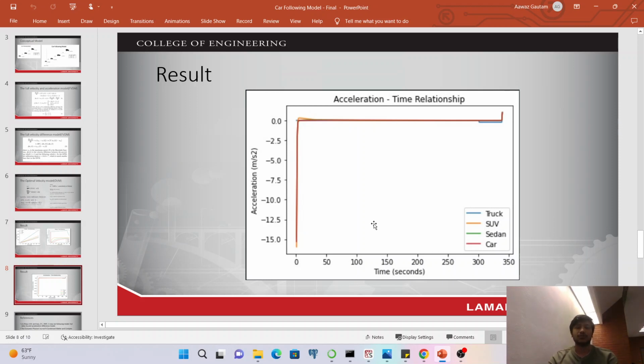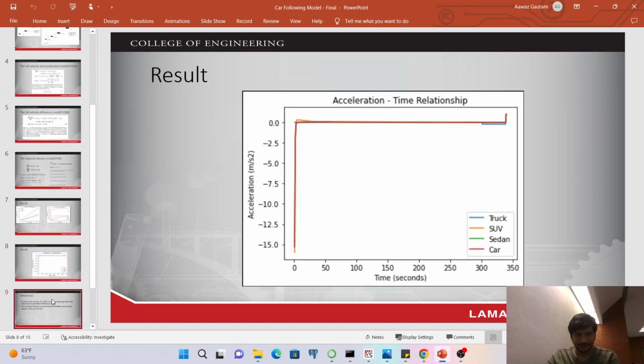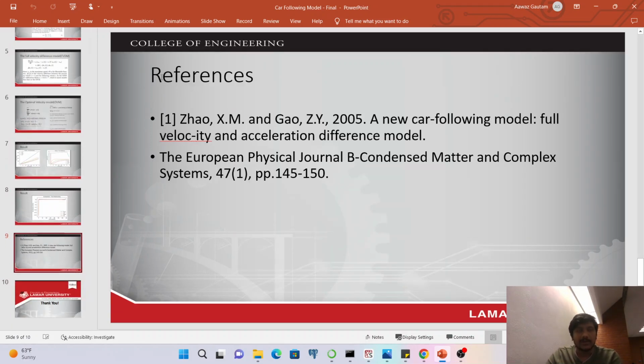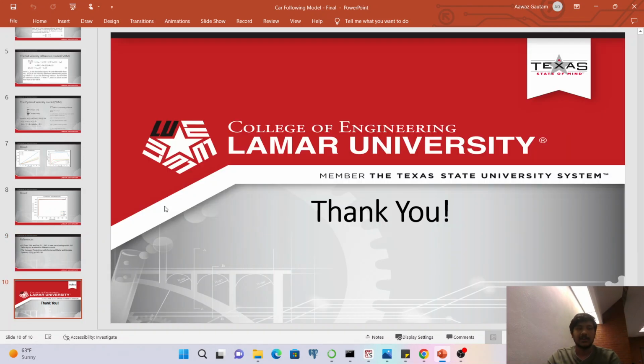In our Python code we consider the time step as 1 second. This is our reference for the car following model. We took this function from this paper, which was given by our professor. Thank you.